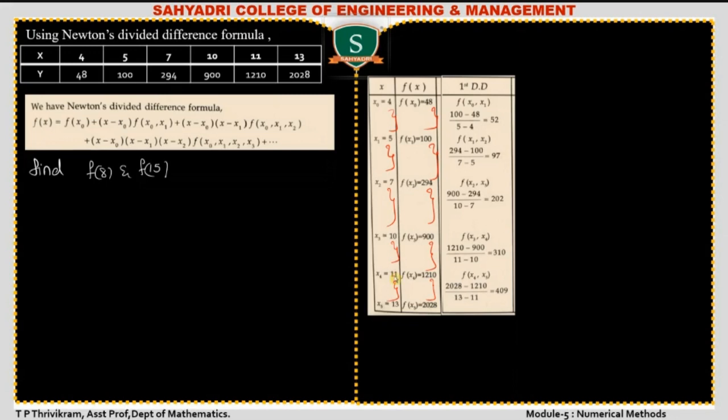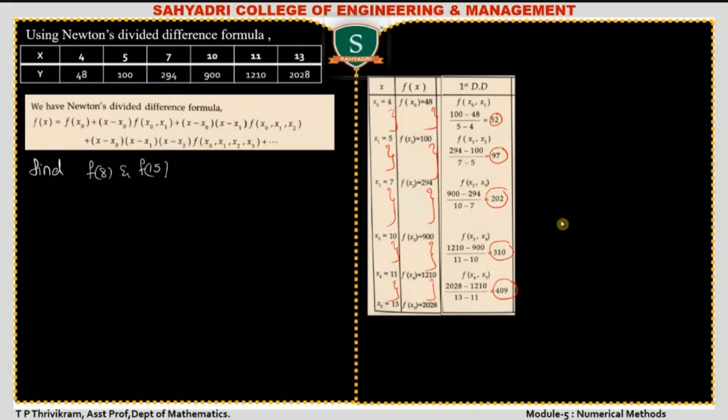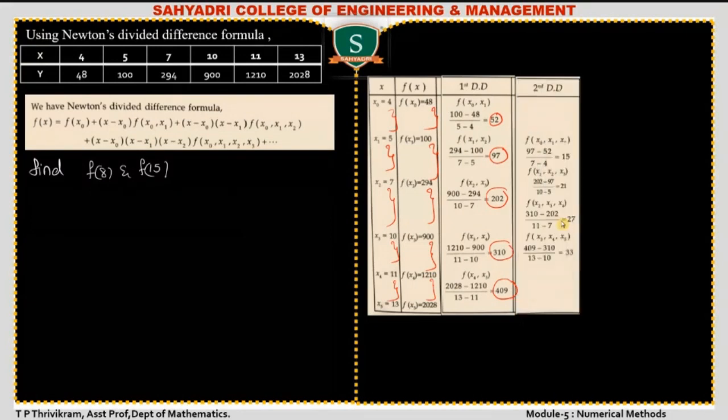So you'll finally get 52, 97, 220, 202, 310 and 409. Okay, once you have all these values, go for the second order difference.